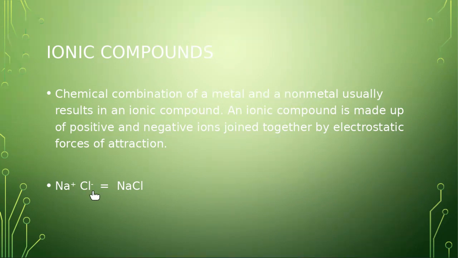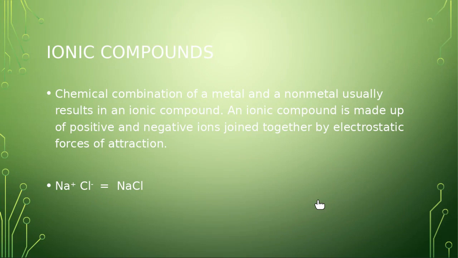This is the chlorine atom, and the chlorine, this is a non-metal, always wants to take the electron from the other. This is the metal ion, and they appear as ionic compounds or ionic bonds, we can call that.